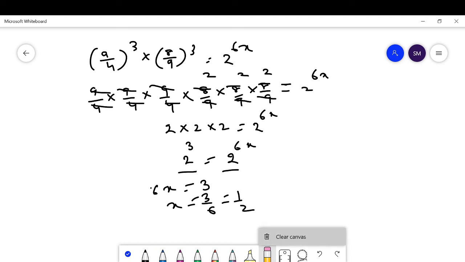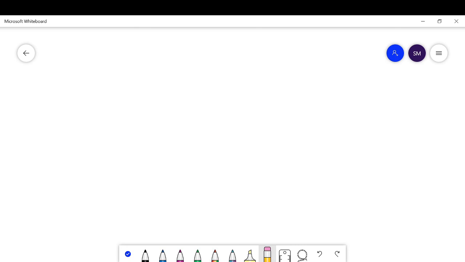Okay. Then solve another question. Suppose here another question, find the value of x. 3 square into minus 4 to the power 2 is equal to minus 12 to the power 2x. Okay.